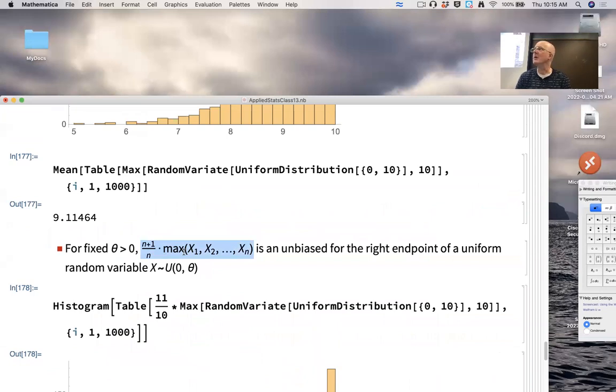If you divide it by 2, it would be an unbiased estimator for mu. And it does not equal x bar. For a given random sample, x1 through xn, of observed values, this thing, even when you divide it by 2, will not typically equal x bar. You're computing it in a different way. The observed values will typically be different. However, on average, they'll still average out to 5 if theta is 10.